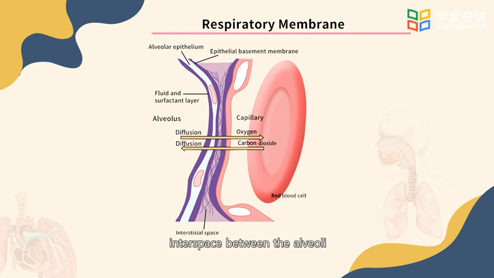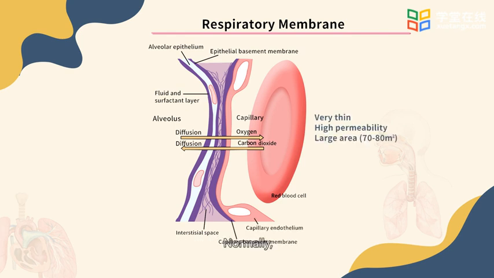Interspace between the alveoli and blood vessels, the capillary basement membrane and the endothelium. Normally, the respiratory membrane is very thin with high permeability and large area, providing favorable condition for gas exchange.